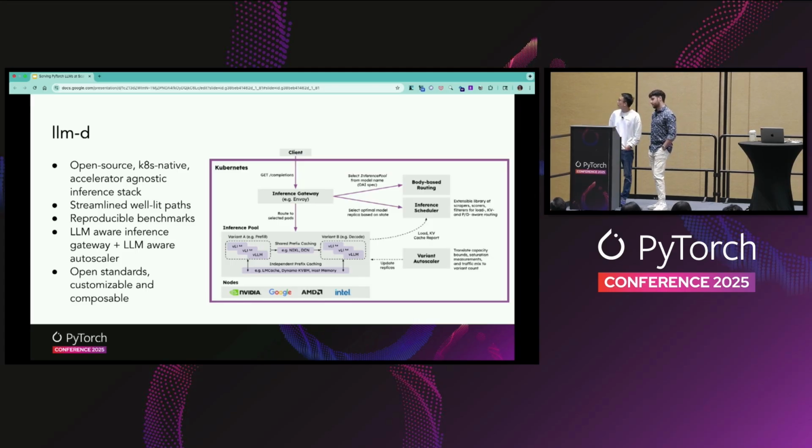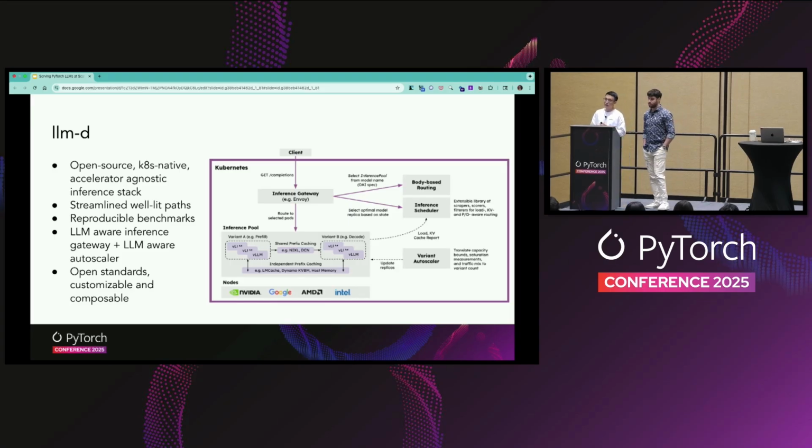So why LLM-d? LLM-d is not just yet another inference stack. We truly believe LLM-d is the most open and brings the most standardization in the ecosystem. For example, we try to reuse as much as possible the existing mature components in the Kubernetes ecosystem, for example, the Kubernetes Gateway API and those Gateway API providers.